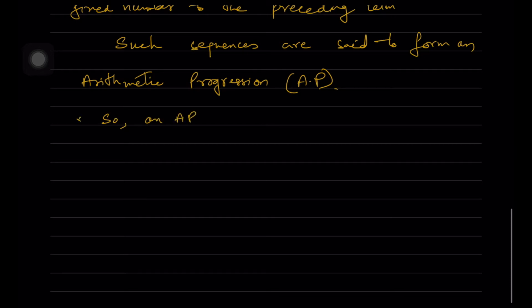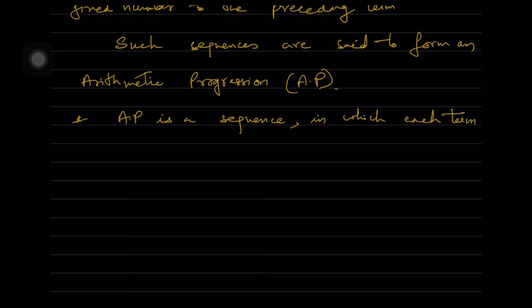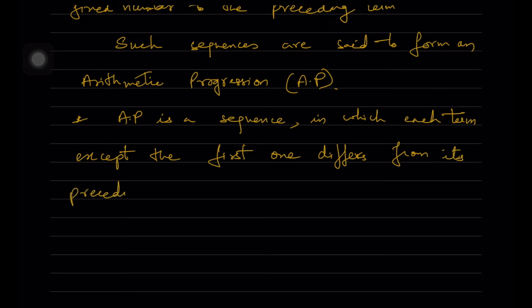So an AP is a sequence in which each term except the first one differs from its preceding term by a fixed number.